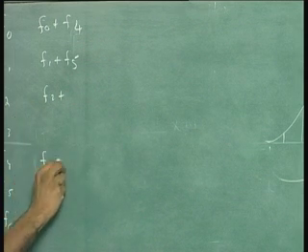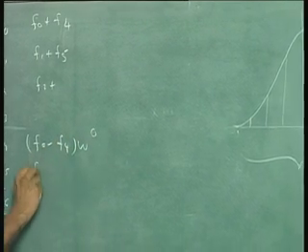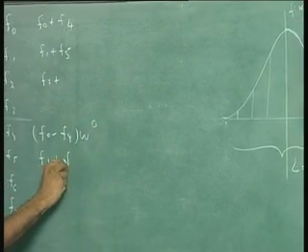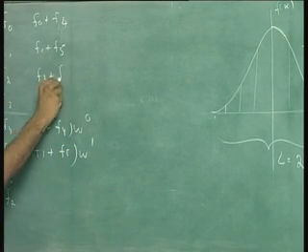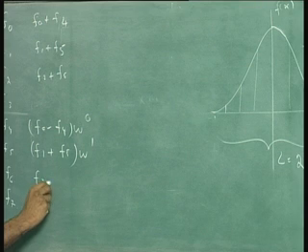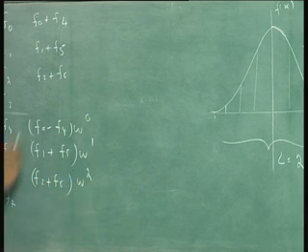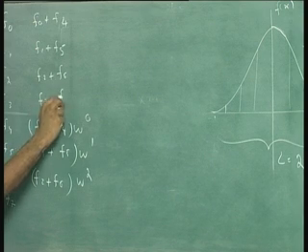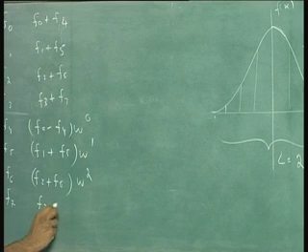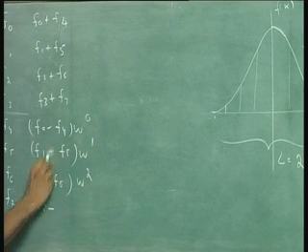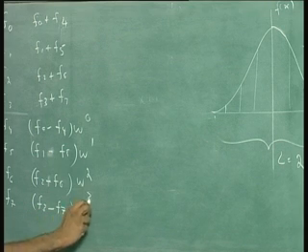Here it is f0 minus f4 into w0, and here it is f1 minus f5 into w1, and then here we have f2 plus f6, and here f2 minus f6 times w squared, and here we have f3 plus f7, and here we have f3 minus f7 times w cubed.